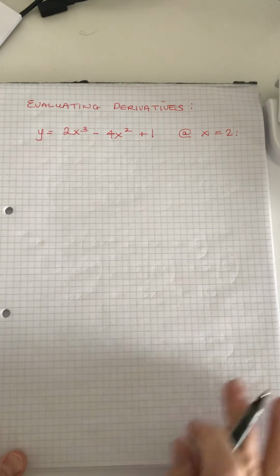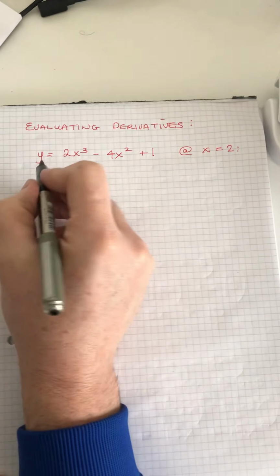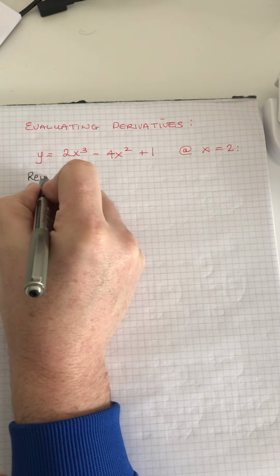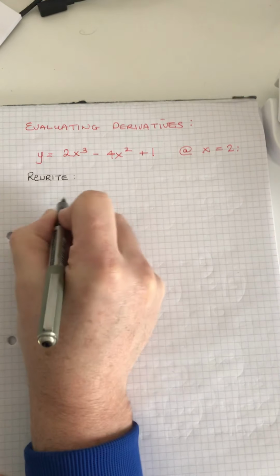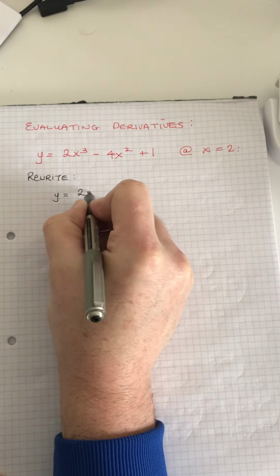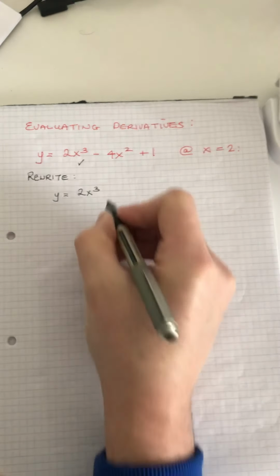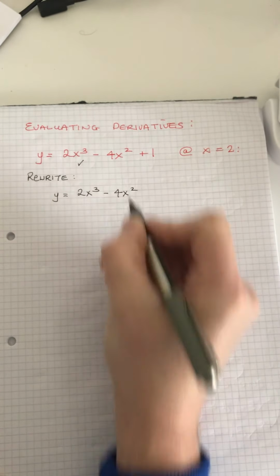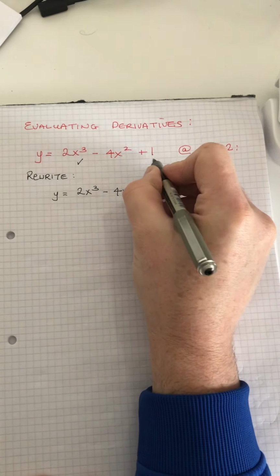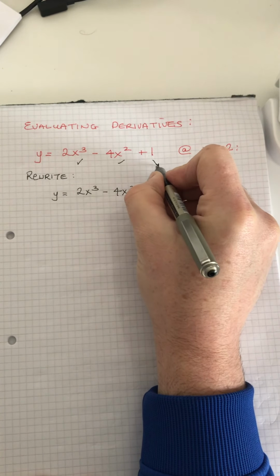Okay, so we're going to rewrite the question. y equals 2x cubed, that's fine, minus 4x squared, that's fine, but the 1 I'm going to change.